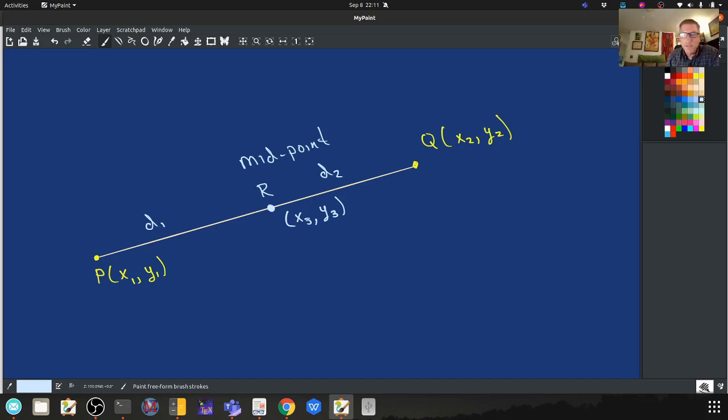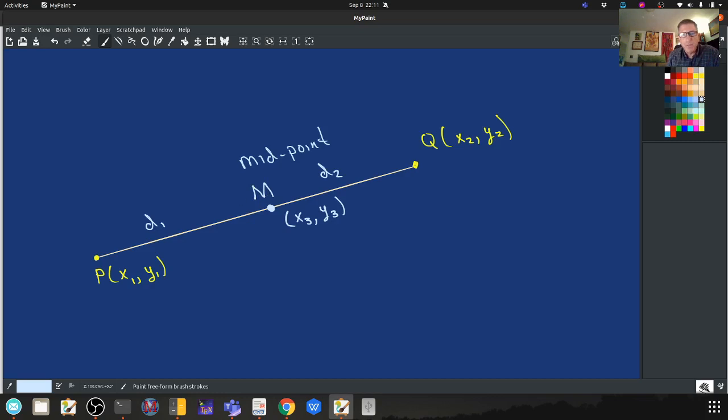We don't have to use the distance formula to find R, or these distances, no square roots at all. So if P x1, y1 and Q x2, y2 are 2 points, then the midpoint, and the book is using M instead of R, so let's just be consistent.